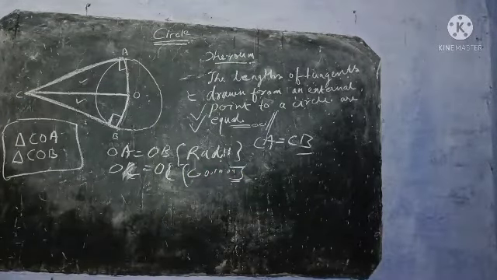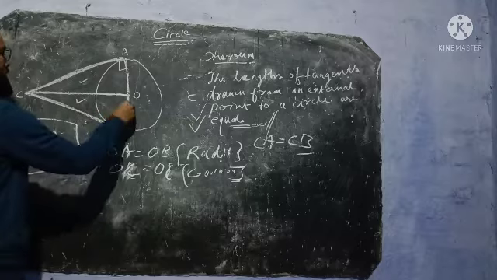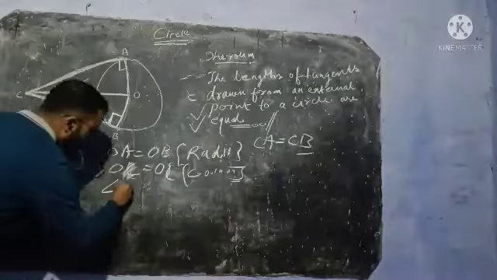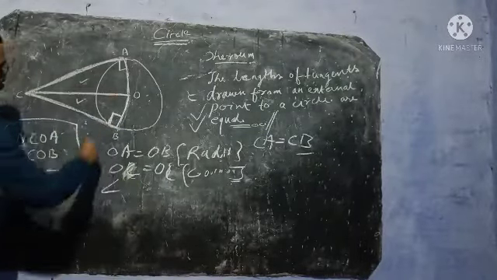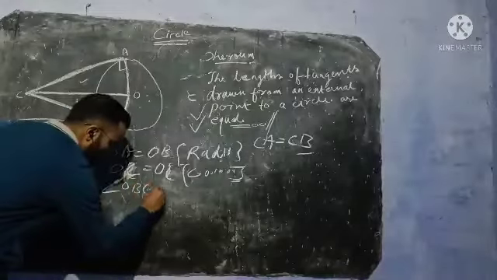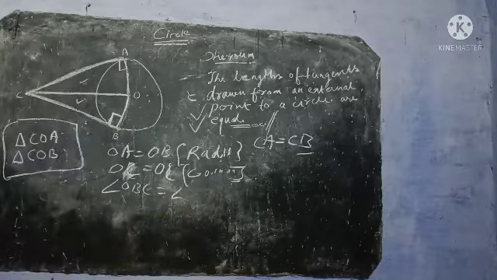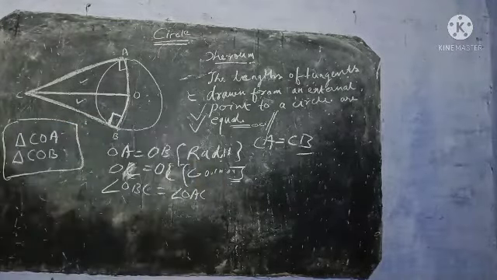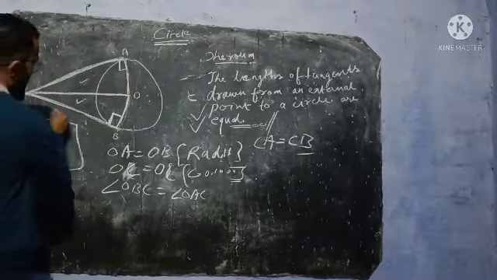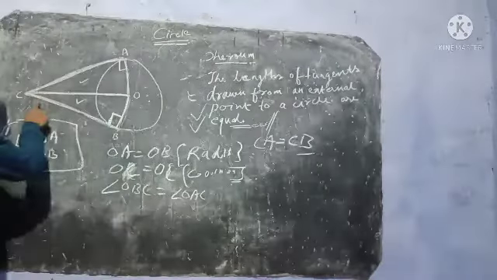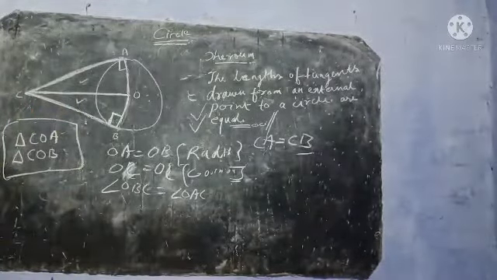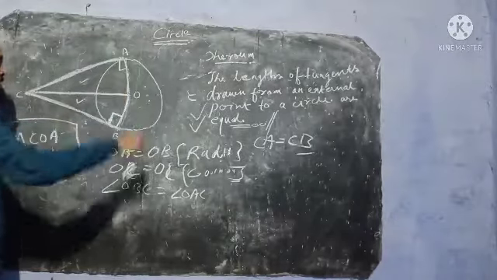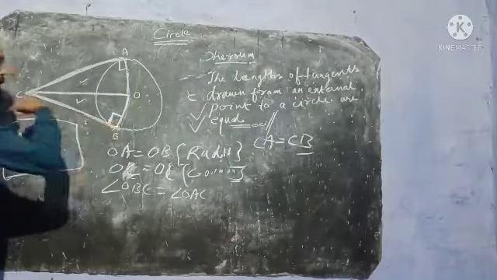Now the other thing is that this is 90 degrees, and angle OBC is equal to angle OAC, as we know that when you draw a tangent, it is perpendicular to the radius which is passing through the point of contact.